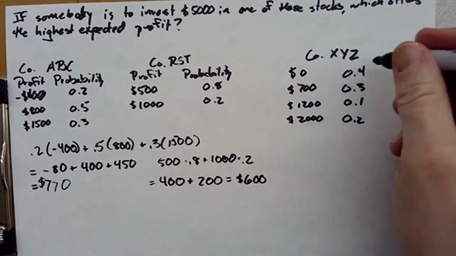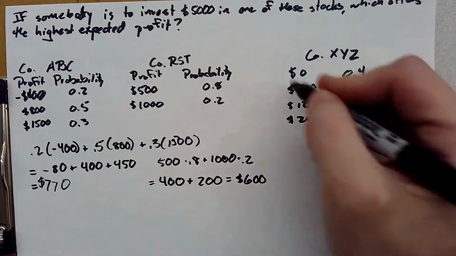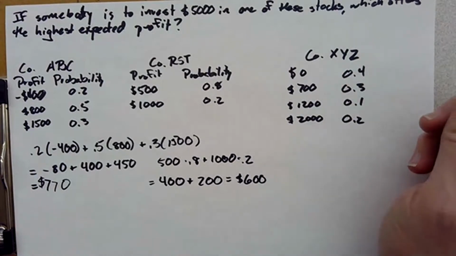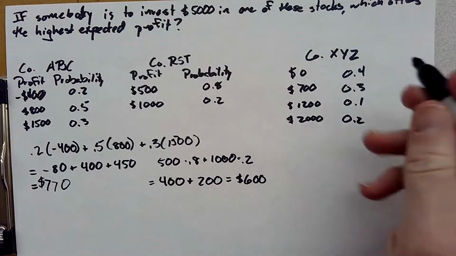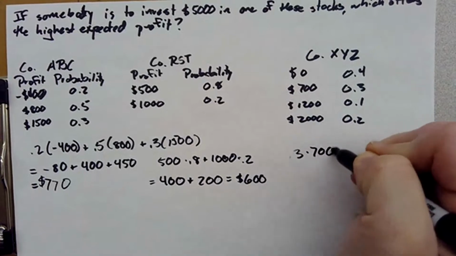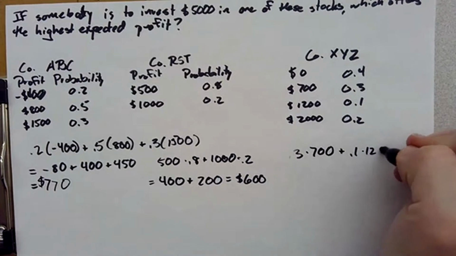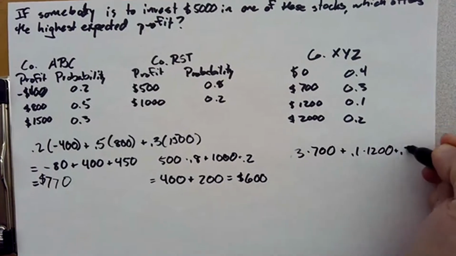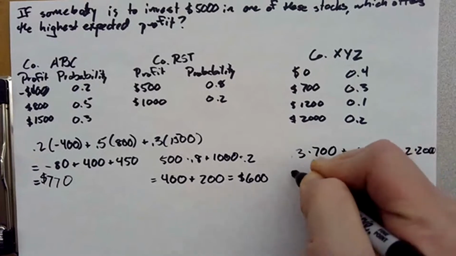Finally, here we've got company XYZ. 0 times 0.4 is 0, so we're not going to worry about multiplying that out. But 0.3 times 700 plus 0.1 times 1200 plus 0.2 times 2000. That we can set up.